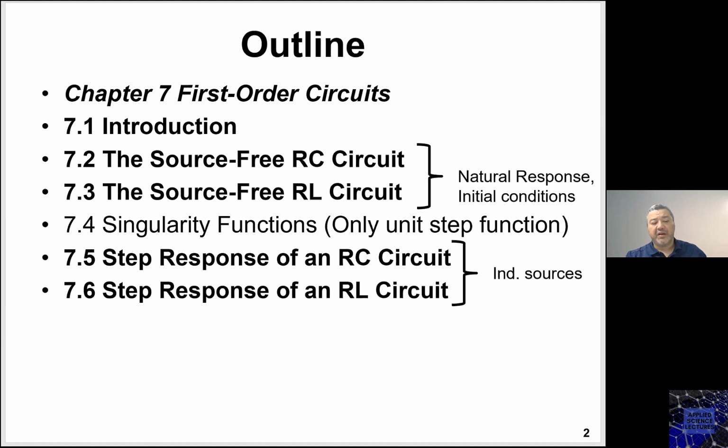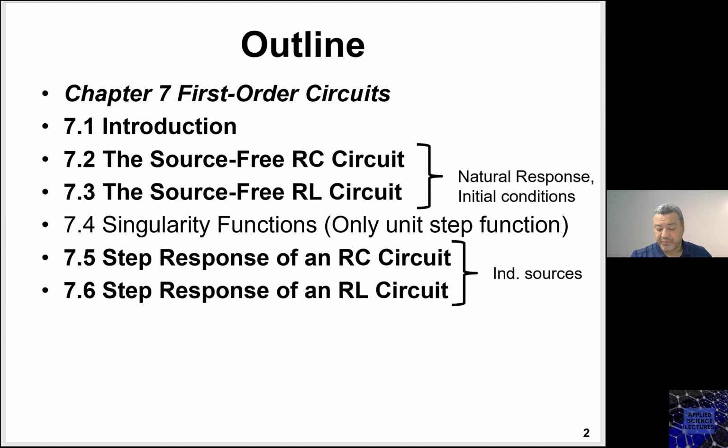And here I need to mention that when I say first order circuits and I say RC circuit, this means I only have capacitors and resistors. I don't have inductors. And when I say RL circuit, this means I only have inductors and resistors.